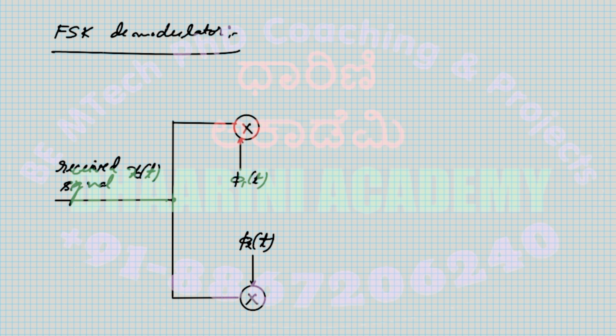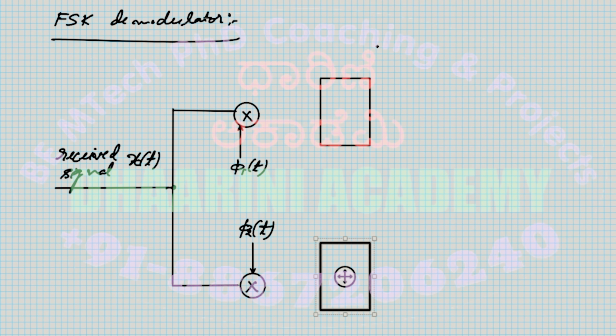So this is actually a correlator. Correlator circuits are always expecting the integrator blocks. So let me write one integration block here and another integrator block here. Both will perform the same thing. It is integral 0 to say tb dt, 0 to tb dt.